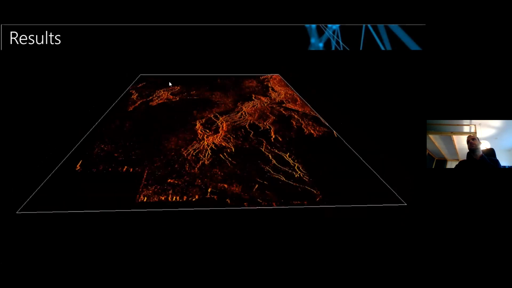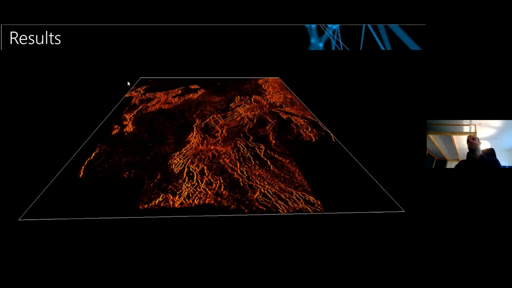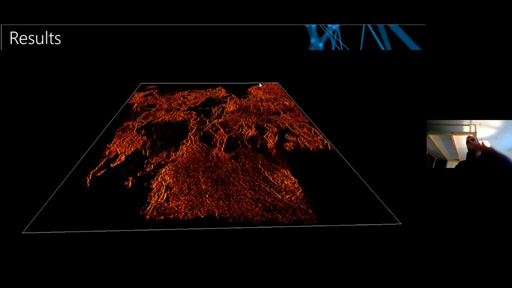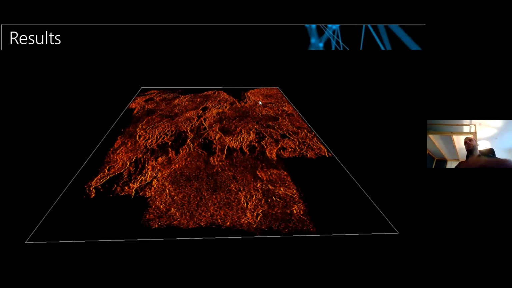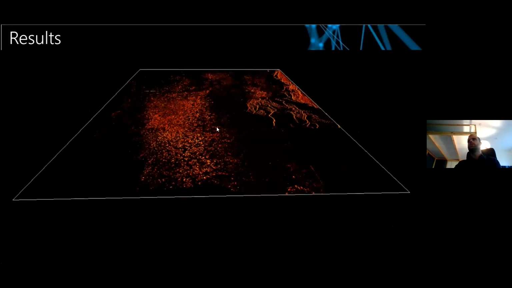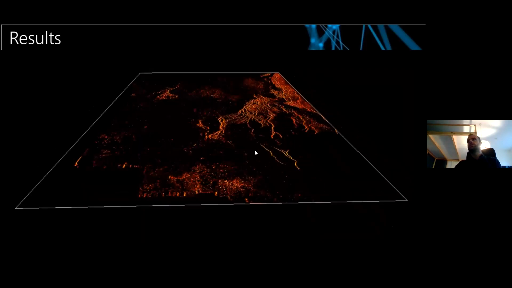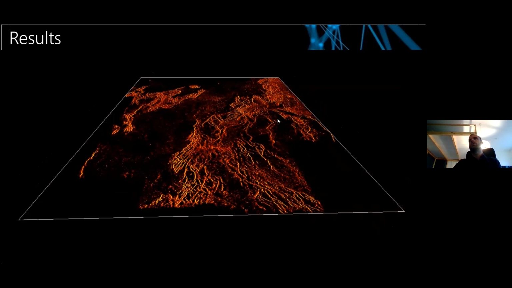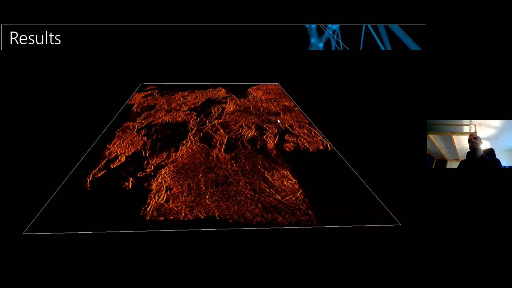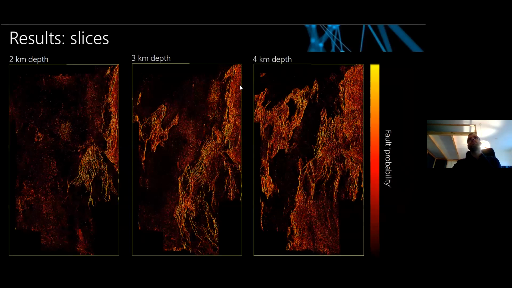And so each seismic line you saw previously basically corresponds to a section, and if you stack them up, you get this image of the predictions. So you can already see that we pick up some of the faults. If we look at this in more detail at different depths, for instance, 2 kilometers, 3 or 4, you can see nicely that we map consistent structures throughout the data set.